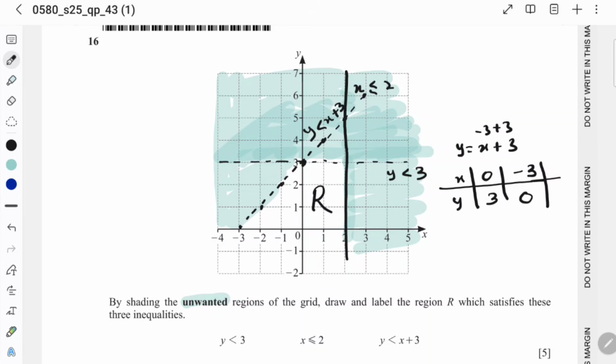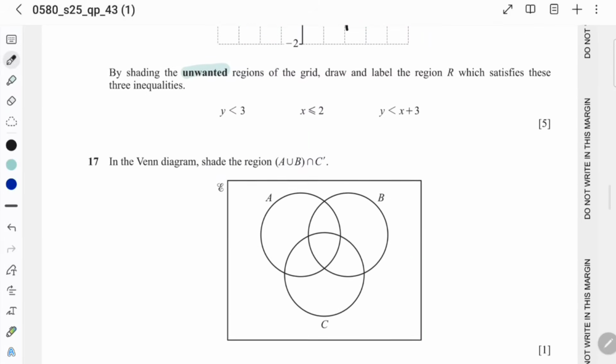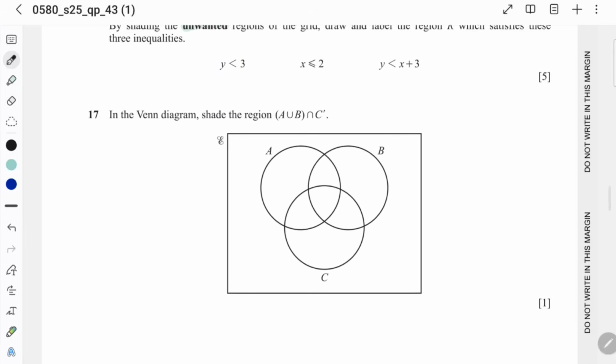If you want one more number, taking 2, 2 plus 3 is 5. So you can see 0 comma 3, minus 3 comma 0, and 2 comma 5 are the points. If you have these points, you can easily extend the line and then draw it. Okay, so this was the region. It was a 5 marks question for drawing and shading.